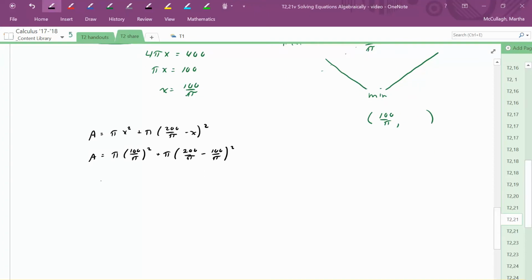So I have pi times 100 squared over pi squared plus pi times 200 over pi minus 100 over pi gives me 100 over pi, squared. So this must be pi times 100 squared over pi squared.